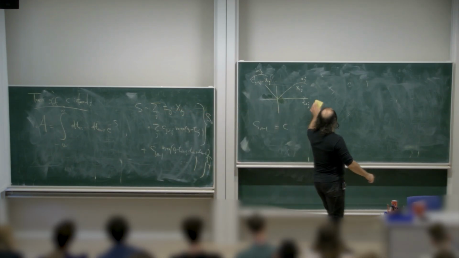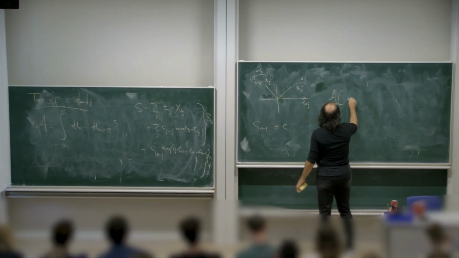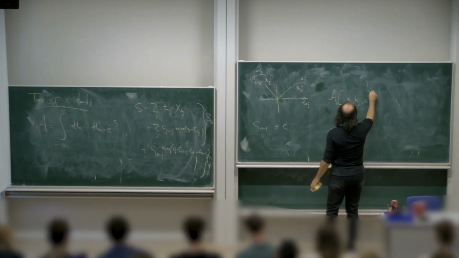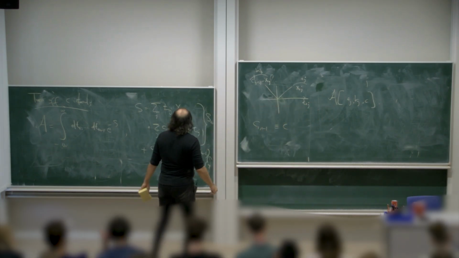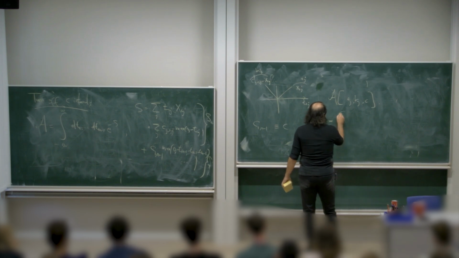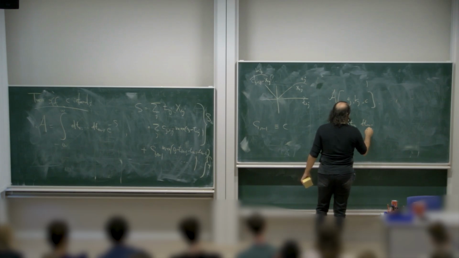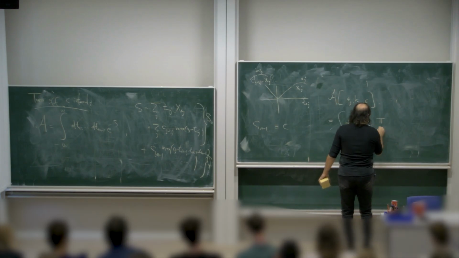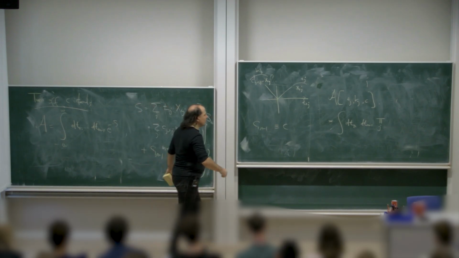So my amplitude depends on the aj, the bj, and the c. That's what the amplitude depends on. And so I can write this as an integral, again, dt13 up to t1 n minus 1. And I'll write a product over j of these sort of independent things.